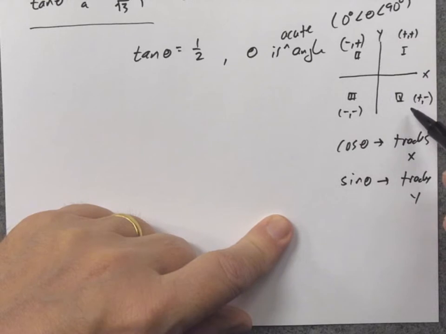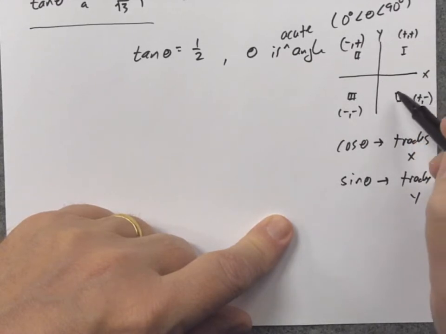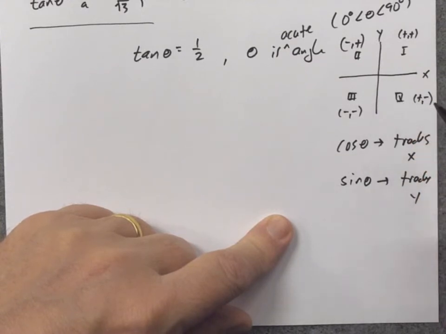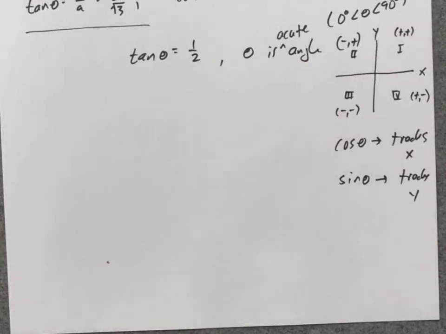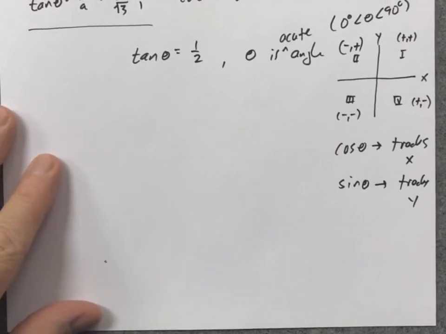When I go find the sine, because the sine tracks y, what is y in quadrant 4? Y is negative, which means the sine is negative. So if I have an angle in quadrant 4, the sine is going to be negative, and the cosine is going to be positive. All right, if that's not quite clear, once we do a few problems, you'll see it.